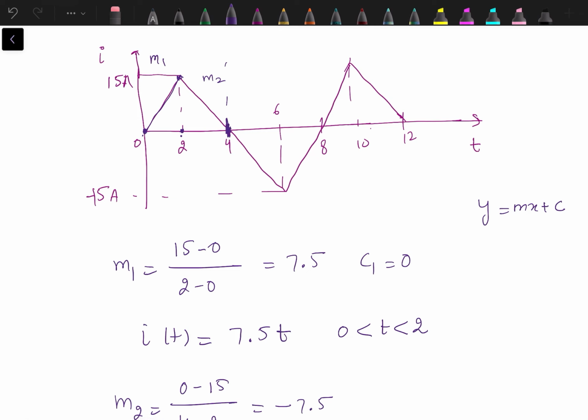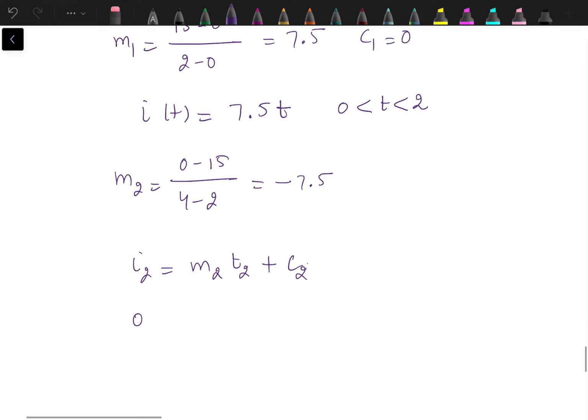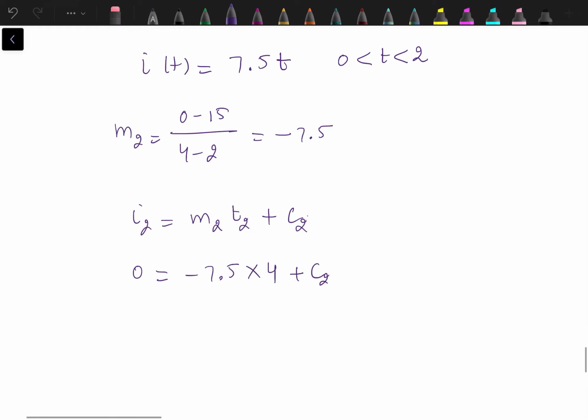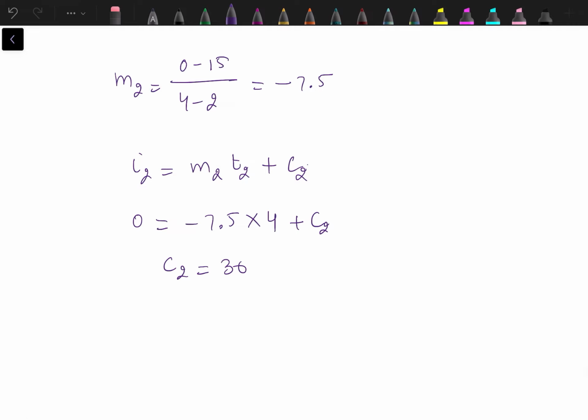For example, we take this instant when time is 4. At that time value of current is 0. So we can say I equal to I2, that is 0, equal to minus 7.5 into 4 plus C2. So C2 is equal to 30 from here. So the equation of current from time 2 to 4 is minus 7.5 t plus 30.